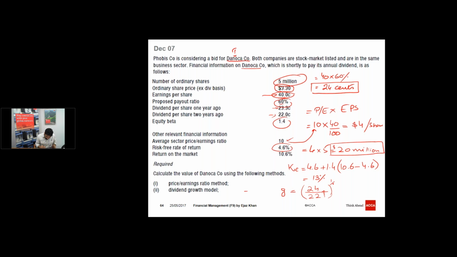So (24 divided by 22) to the power 1 divided by 2, minus 1, multiplied by 100. So how much growth is there?